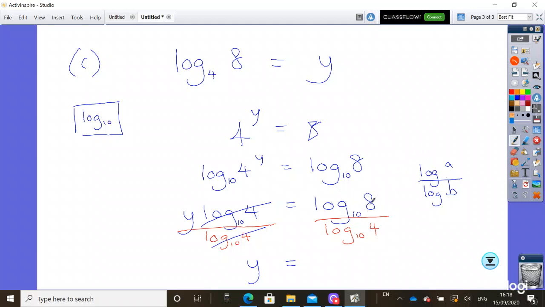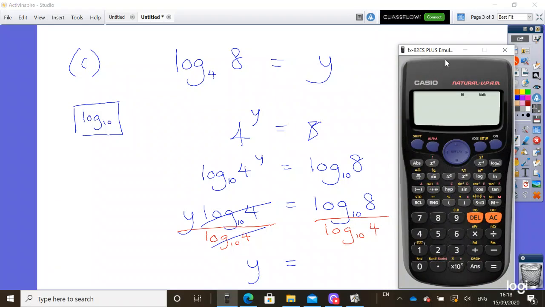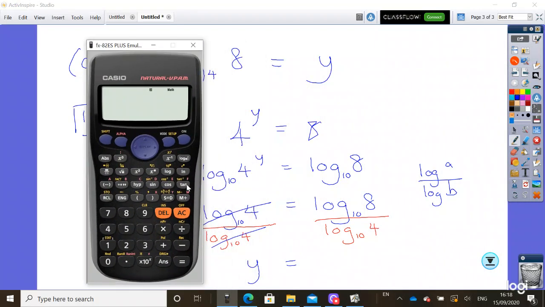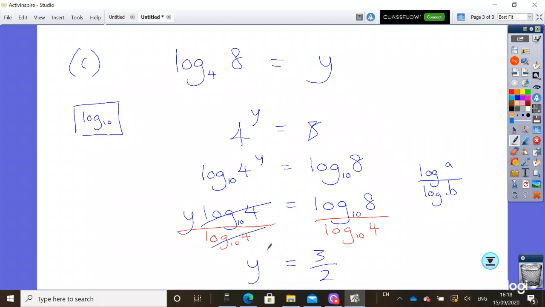So we can do that straight into the calculator. So y is equal to log 8 divided by log 4. So that's 3 over 2. And I remember I said that in the lesson, the answer. Or you can write 1.5.